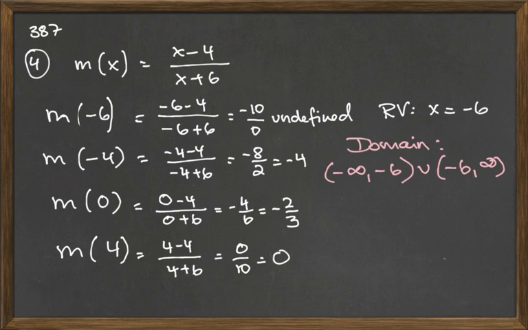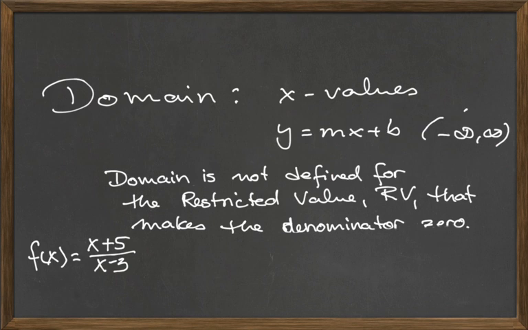So if I don't give you any values and you have to find the domain, then how do you do that? You set the denominator equal to 0. That's just the definition for the domain of a rational function. Again, it's not defined for the restricted value that makes the denominator equal to 0.